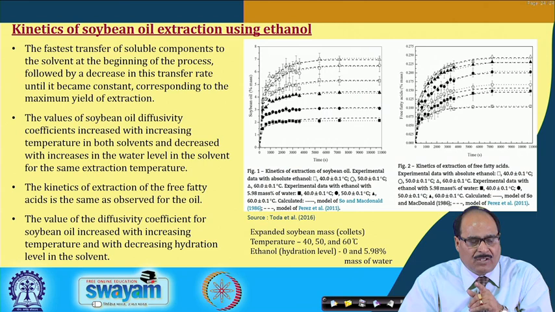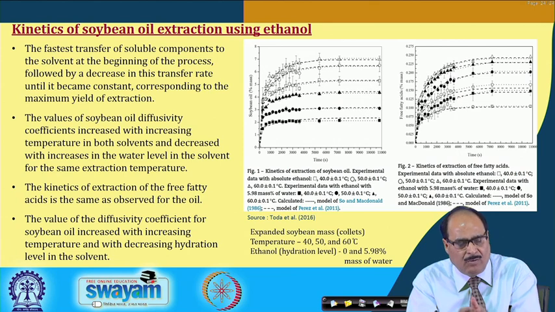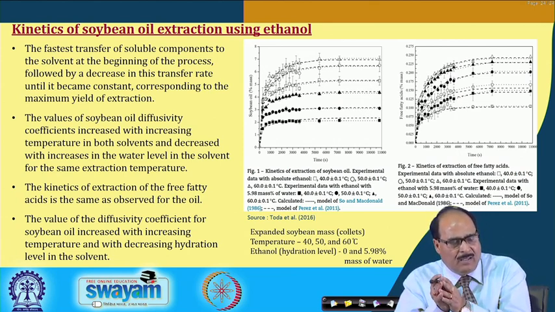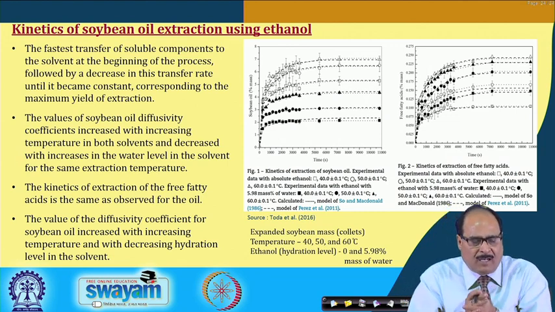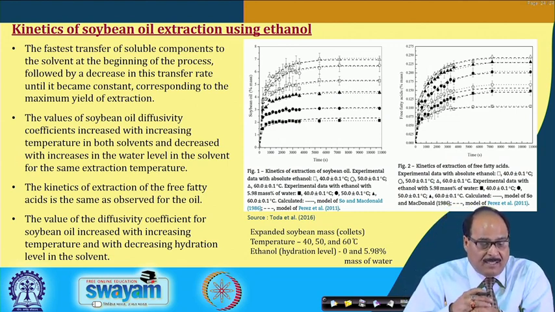So, the fastest transfer of soluble components to the solvent at the beginning of the process, as I told you, is followed by a decrease in the transfer rate, and then finally it becomes constant, corresponding to the maximum yield of extraction.